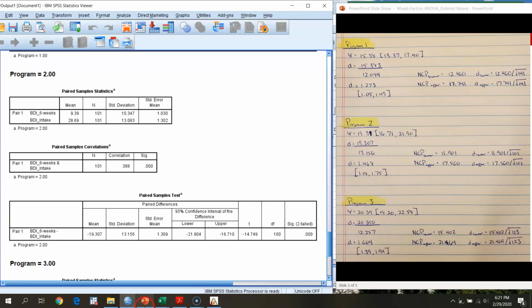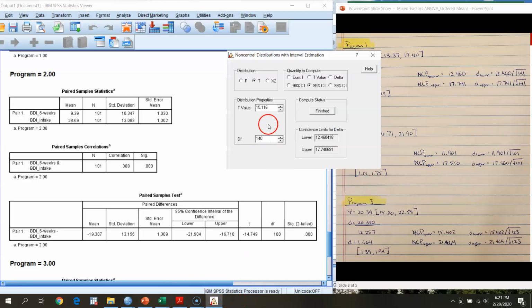And then once again, we pop up our Steiger calculator. The t-value is 14.749 with 100 degrees of freedom. Run that, and it gives us upper and lower limits of our non-centrality parameter.